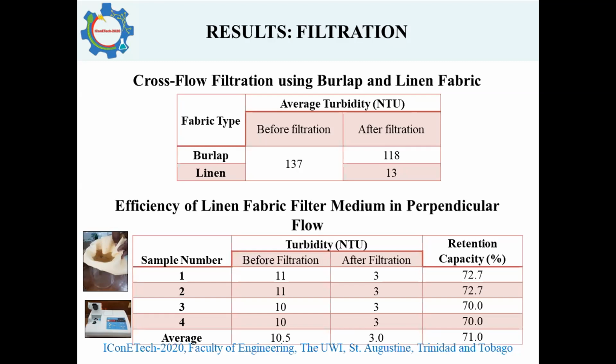It was found that before filtration, the turbidity was 137 NTUs, and it decreased greatly, to even less than 50%, for the linen. Seeing that linen was most effective during crossflow filtration, I also demonstrated perpendicular filtration, which is done on the plant, and it was found that linen has a 71% retention capacity.